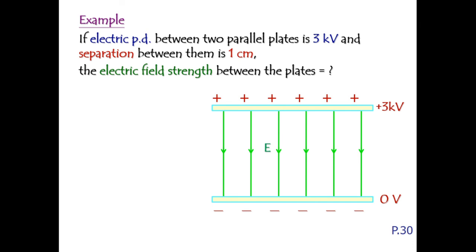And what is the electric field strength between the two plates? You can use the formula electric field equals the electric potential divided by the separation between the two plates, which is equal to 3000 divided by 1 cm. Don't forget to express the separation in meters. So the electric field strength is given by 3 times 10 to the power 5 volts per meter.